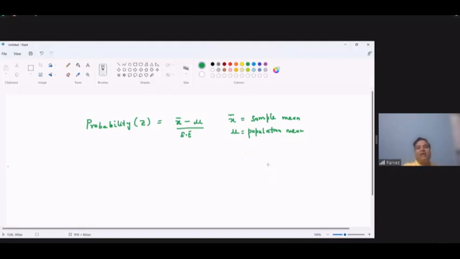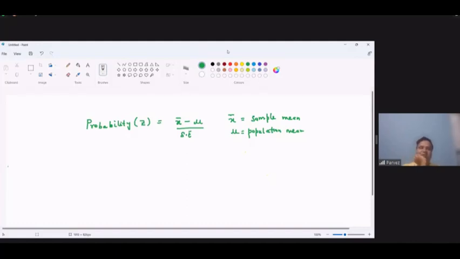How do you identify which is X bar and which is mu from the question? So listen very carefully to what I am telling. In the whole question, wherever they are asking to find probability, wherever the word mean or average is there, that will be your population mean.